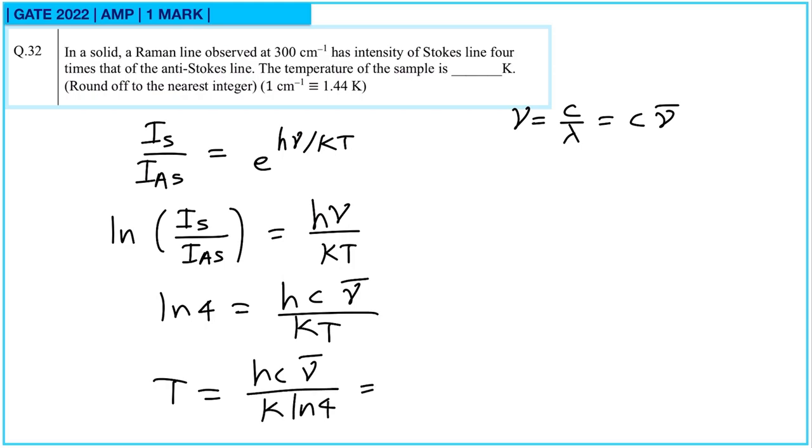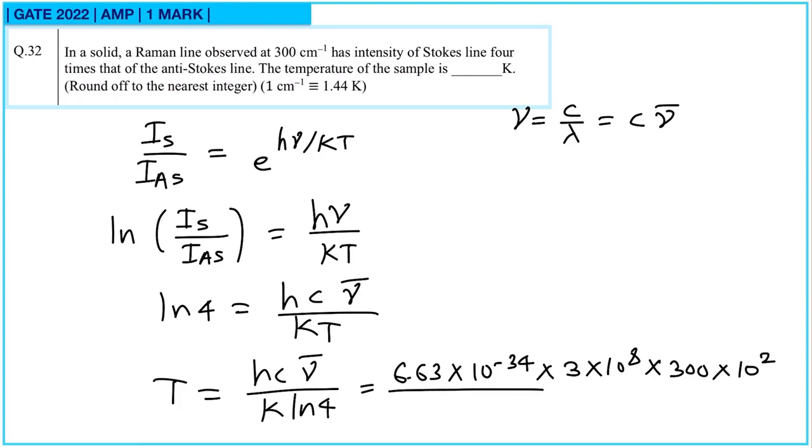Now value of h is 6.63 into 10 to the power minus 34, c is 3 into 10 raised to 8, then this is 300 centimeter inverse. So 300 into 10 to the power 2 meter inverse upon value of k is 1.38 into 10 to the power minus 23, into ln of 4.